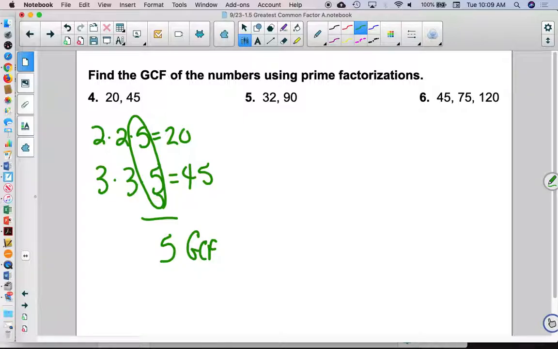I don't want to see the book out again, okay? You always have to prime factor that. I want factor trees.